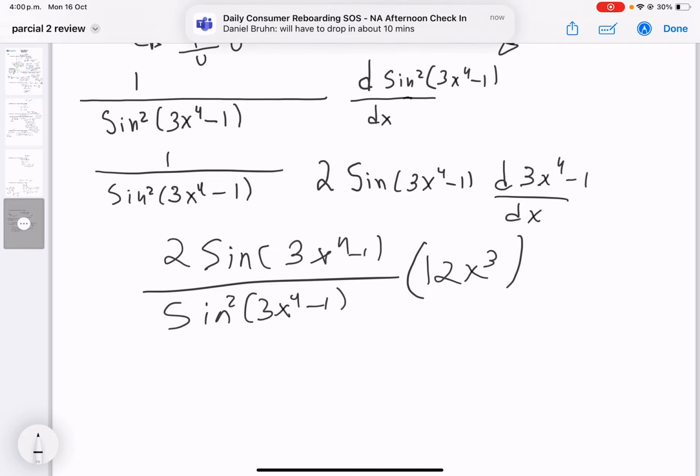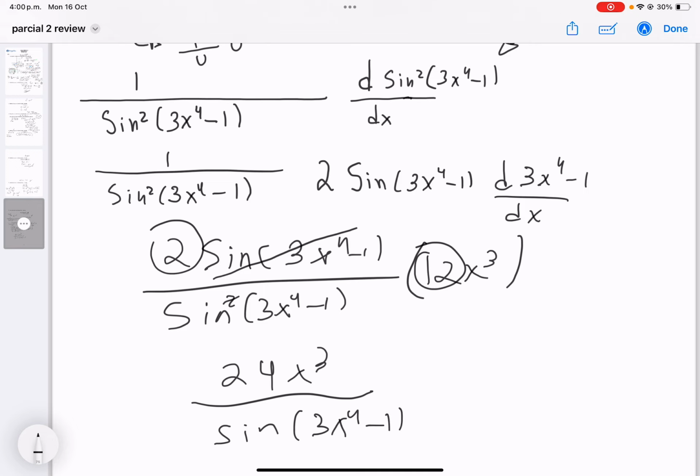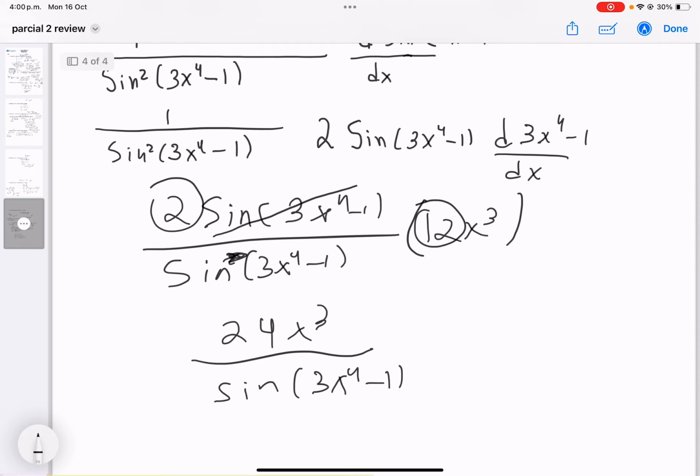For example, this one is the same as this one. And I will multiply this 2 by this 12. That is 24 x cubed over sine of 3x to the 4th minus 1. You see? And yeah, I think this is pretty much the answer.